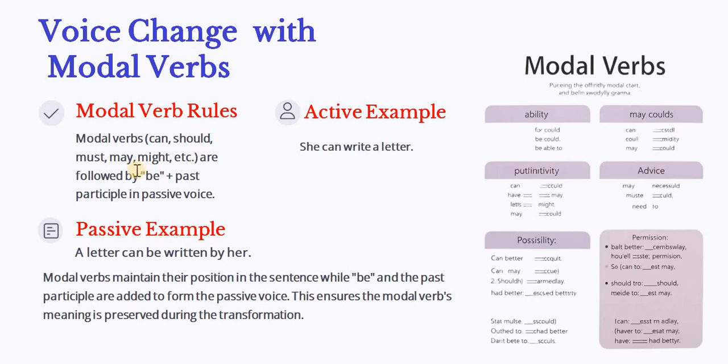So in the active sentence, can, could, should, may, might stay the same in the passive sentence. A letter can be written by her. We cannot write here, a letter could be written. No, we cannot change it. A letter could be written by her or by him. So we should keep this in mind.